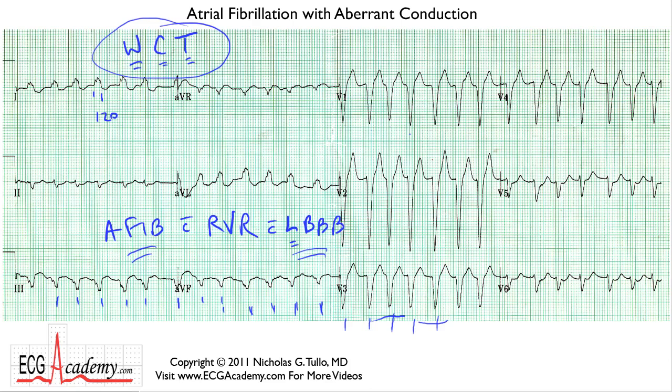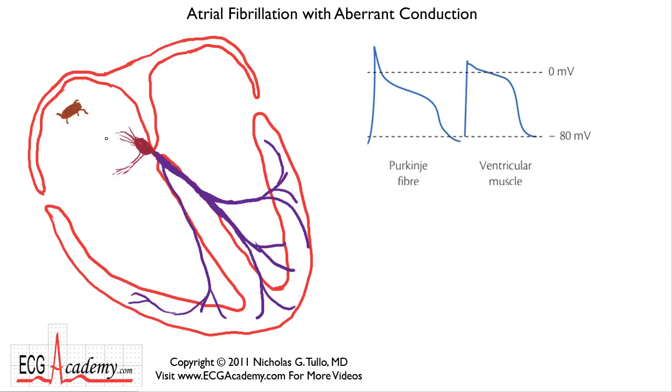Well, let's talk a little bit about physiology. So here's the heart and the conduction system, and if you remember, the Purkinje system action potentials actually are very wide. They're actually wider than the ventricular myocytes, and it takes a long time for the Purkinje fibers to recover from their refractory period.